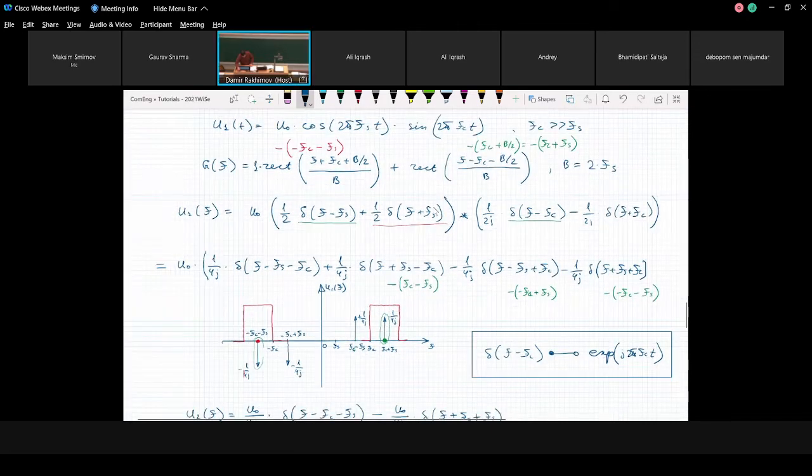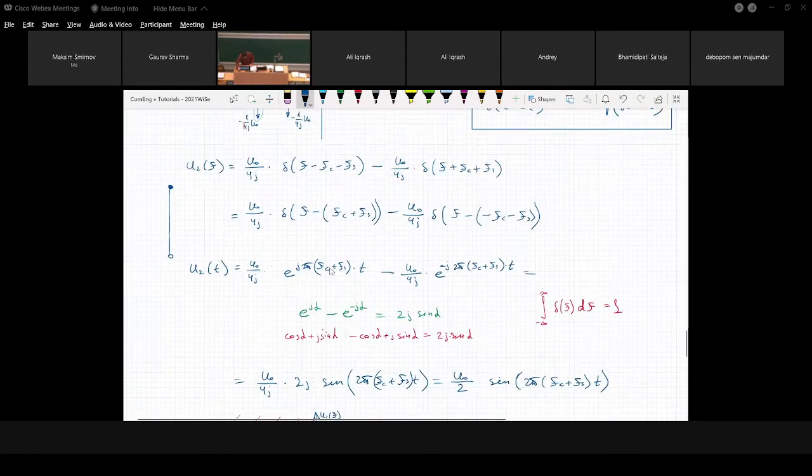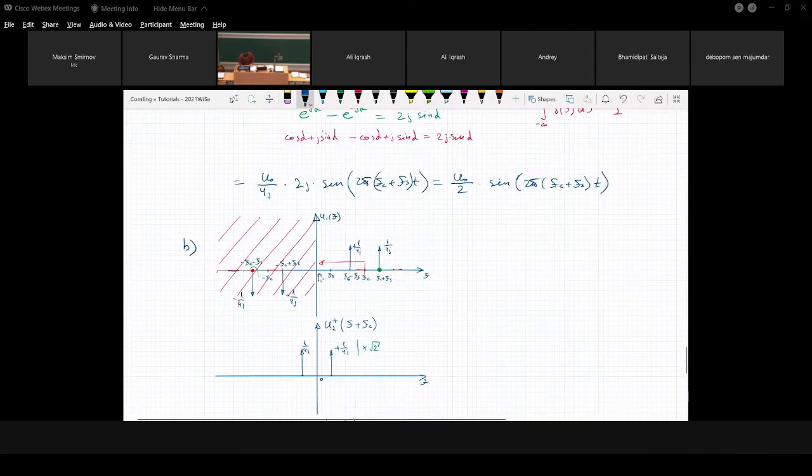Yeah, exactly, I forgot to write U0 everywhere. I have to place U0 in each delta pulse. Careful, because it's a scalar. It's fine.